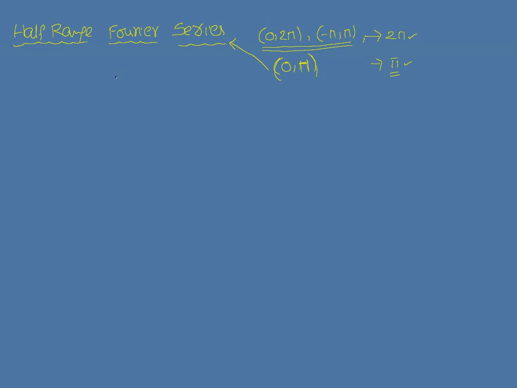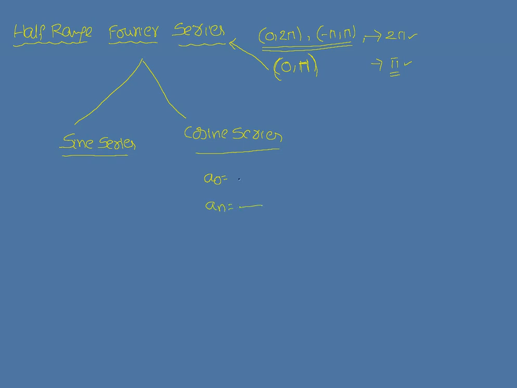In this half range Fourier series, you come across the sine series and cosine series. You have to remember only a few points about the sine series and cosine series. In the cosine series, the terms that exist will be a naught and an.